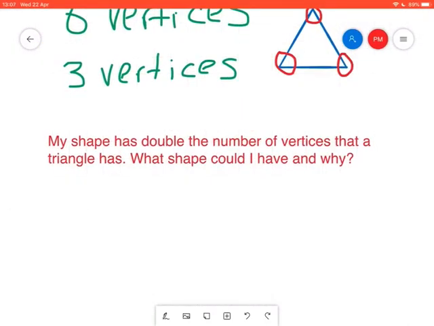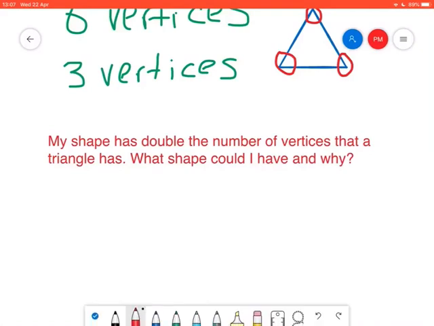So my shape has double the number of vertices that a triangle has. What shape could I have and why? So we are focusing on the fact that it says double this time, not half, and the number of vertices that a triangle has. Okay, so as we know from above, a triangle has 3 vertices.